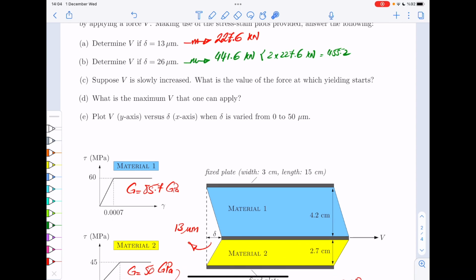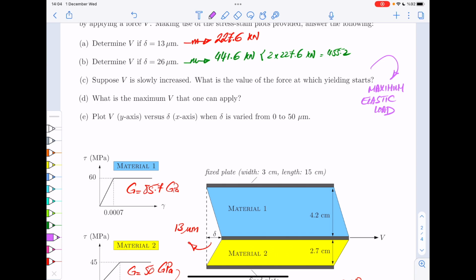And by the way, if you remember, we call this loading that I'm going to talk about the maximum elastic load. This is exactly what we want to calculate. Maximum elastic load. All right, so how do we do this?